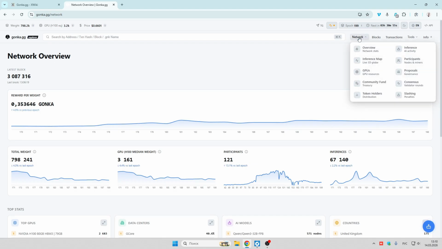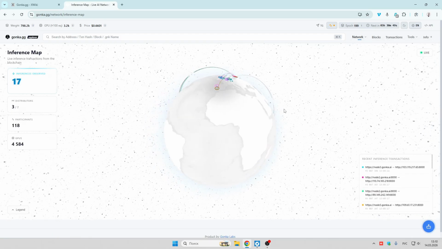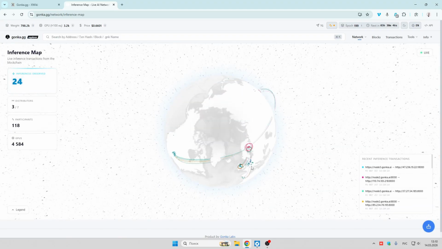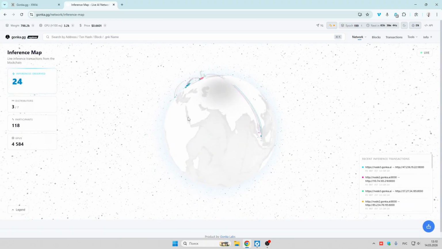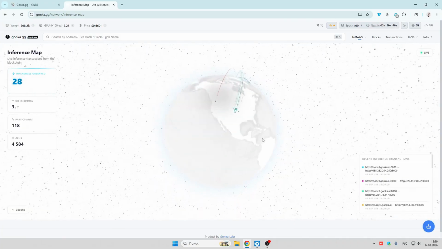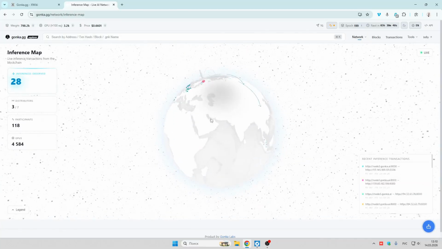We've looked at this. So overview, that was the overview. Inference map. Let's take a look. This is an interesting thing. Guys, look, they put a second one. Apparently they really like it themselves. This animation, yes, these are the countries, this is the sea. And this is how inference moves.